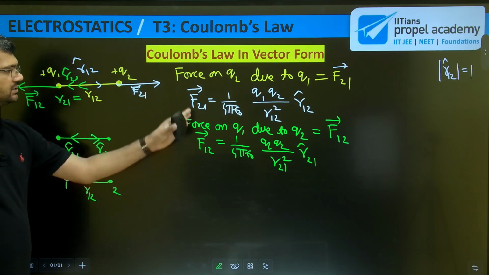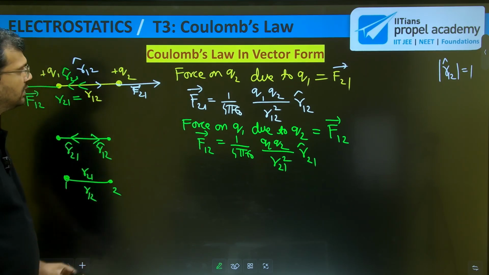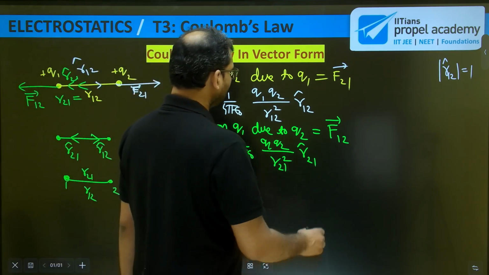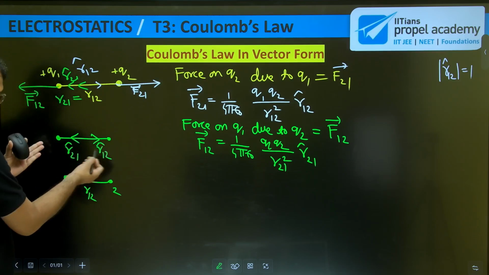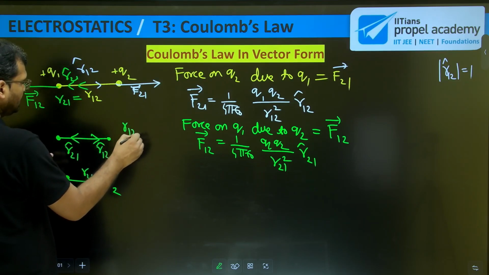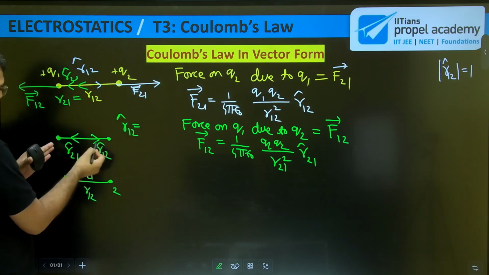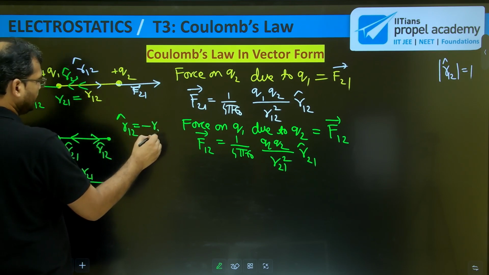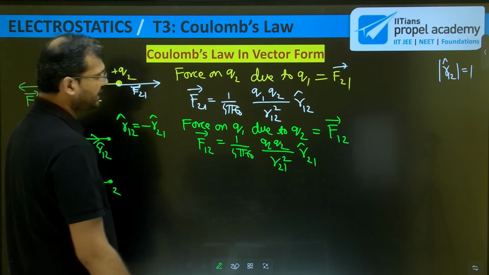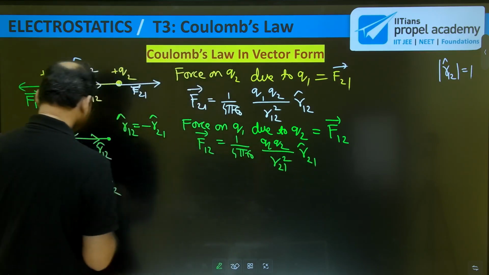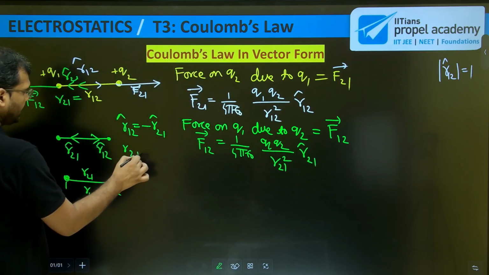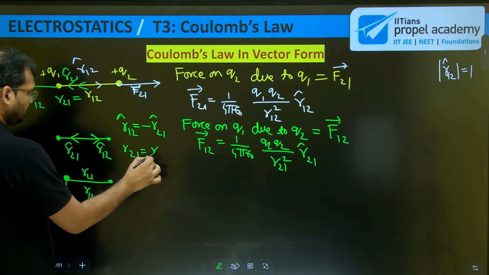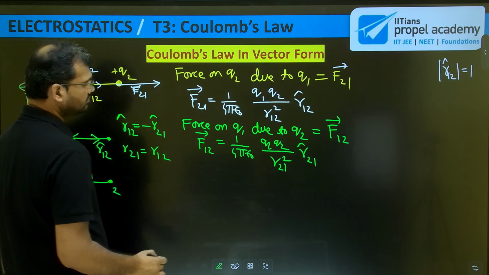From the diagram it's very clear that R21 cap is in exactly the opposite direction to R12 cap, and the value of R21 equals R12.